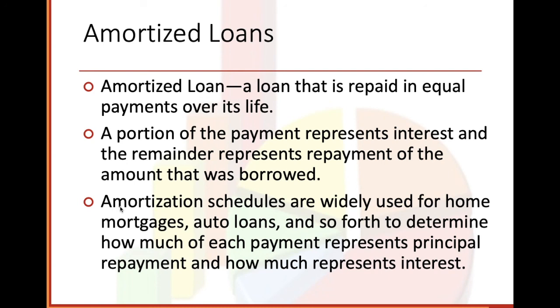Amortization schedules are widely used for home mortgages, auto loans, and so forth to determine how much of each payment represents principal repayment and how much represents interest. Again, if you have an amortization table or schedule, that's usually a requirement set forth by the SEC or different banking regulators so that people know how much is going to interest and principal. So keep that in mind.